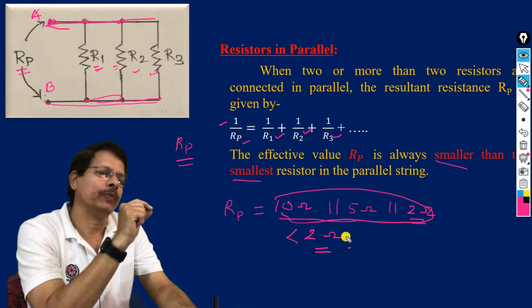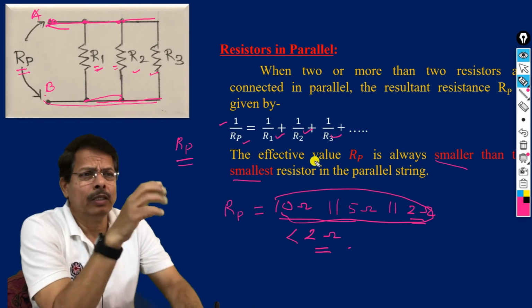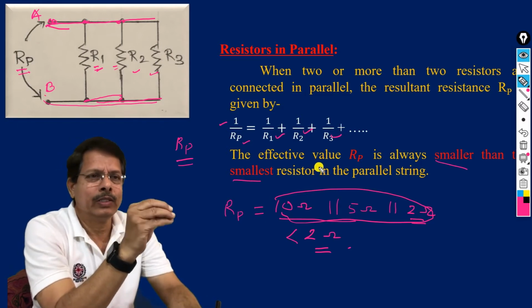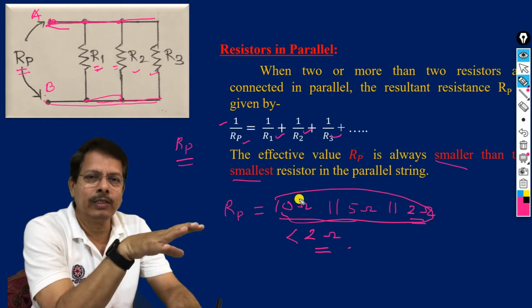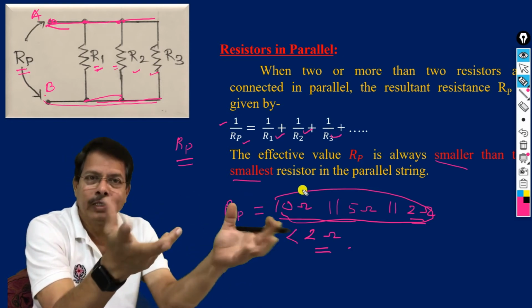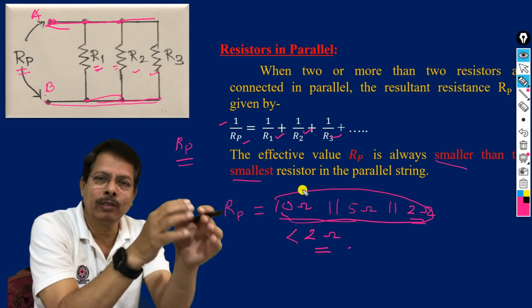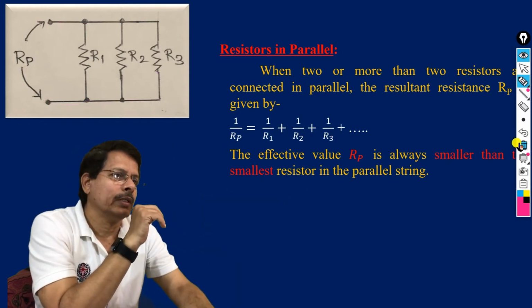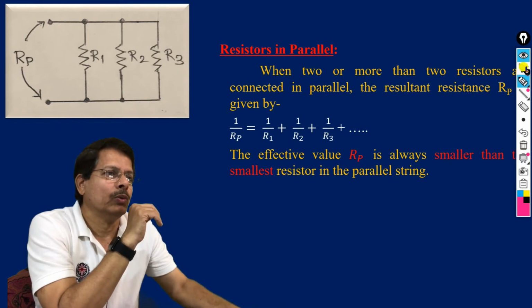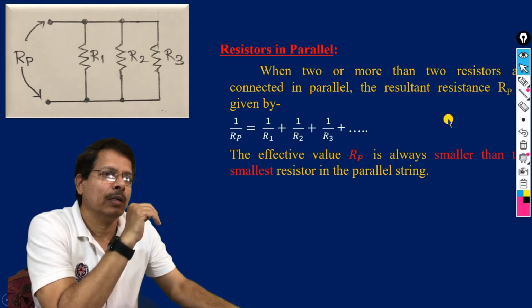That is the meaning. So this is about resistors in series and parallel. It means that when you connect resistors in series, the value increases, and when we connect resistors in parallel, the effective value decreases. So let us move to the next slide.